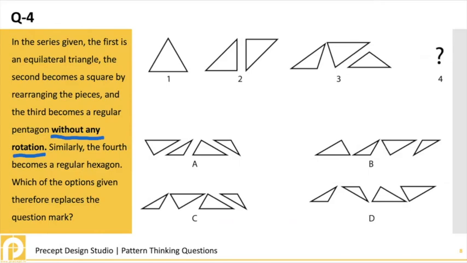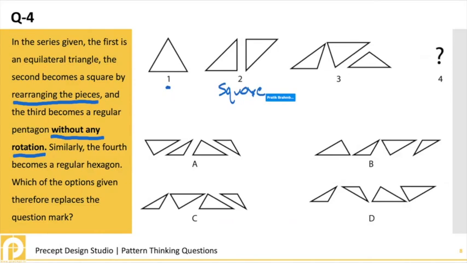So the question itself is telling you how to solve it. It says you can rearrange the pieces. You cannot rotate the pieces. And what the pieces will become is also given in the question. First one, it's an equilateral triangle given as it is. Second one is actually a square.